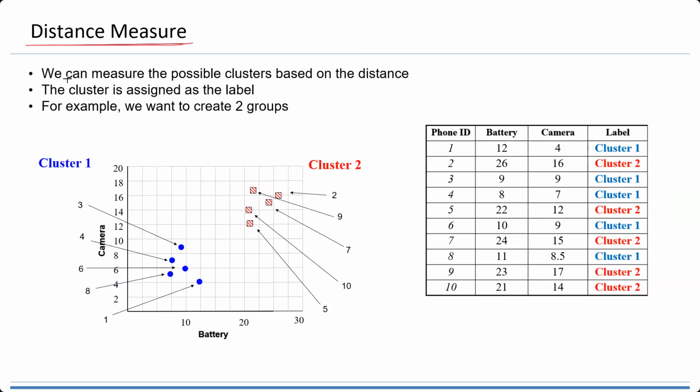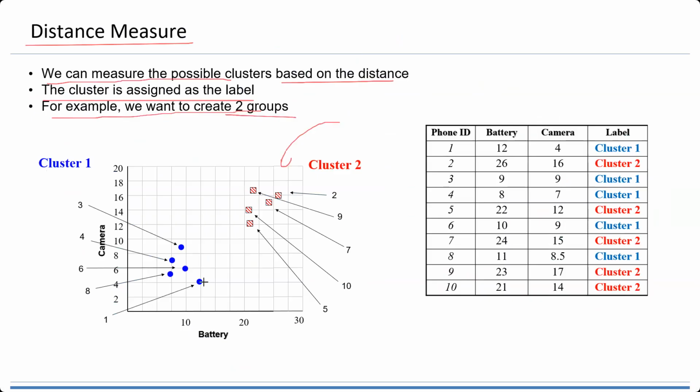We can measure the possible clusters based on the distance. And the cluster is assigned as the link. So for example, I just want to say that this data, I want to make it into two groups. Okay. So if you plot the data, you can have this one.